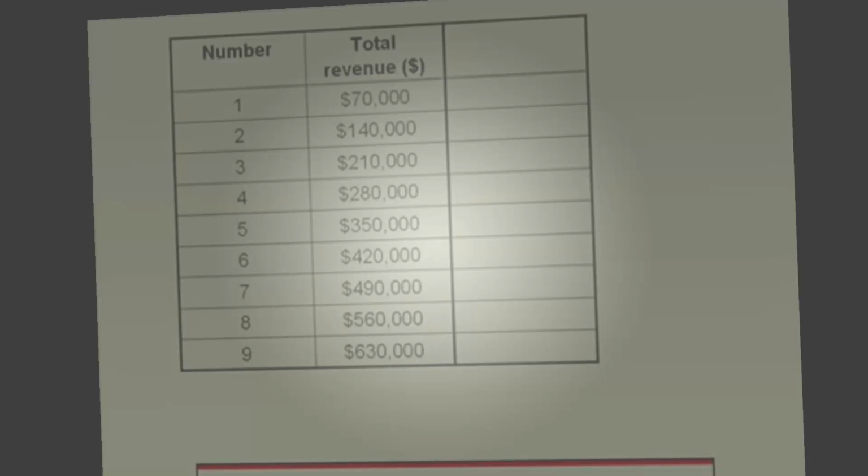For the first unit, it's 70. The difference between the second unit and the first unit is 70. The difference between the third unit and second unit is 70. So the marginal revenue in this example is 70,000 right across the board.